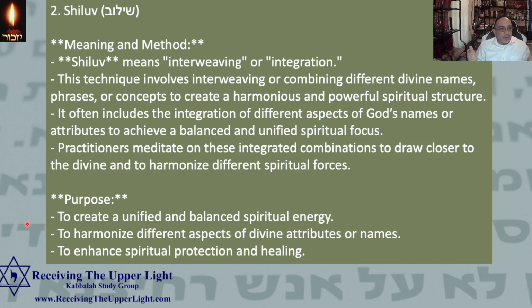We need to harmonize these aspects in our lives, that only through this Shiluv, this interweaving and integration of letters, we can unlock that kind of, if you will, power within us in order to heal ourselves and protect ourselves.